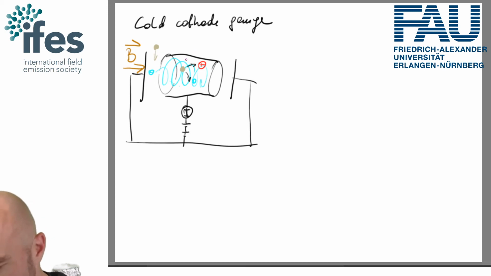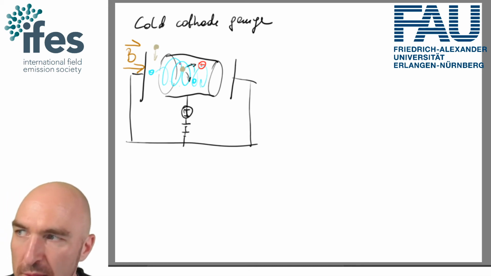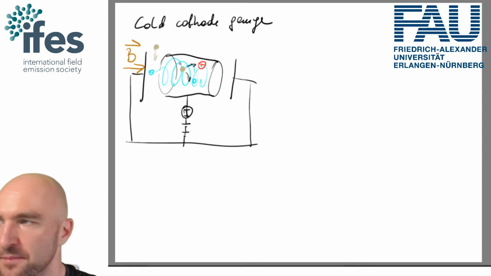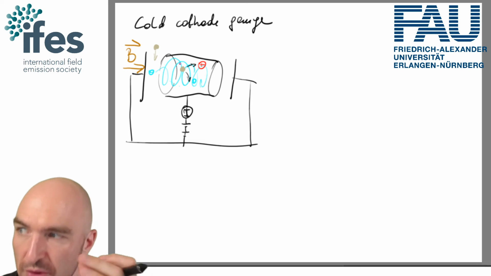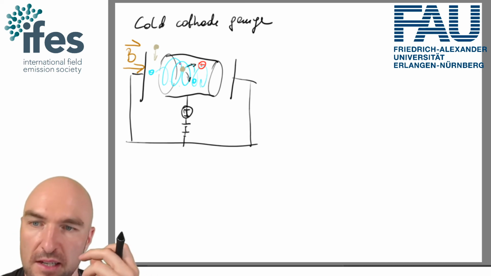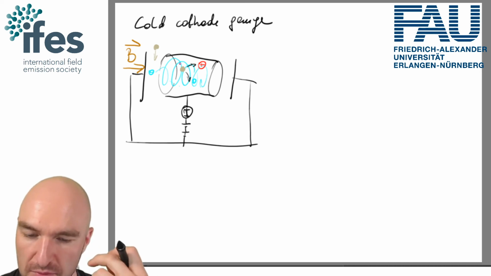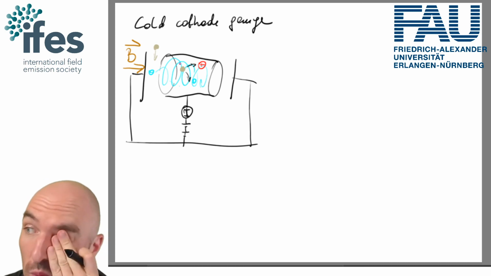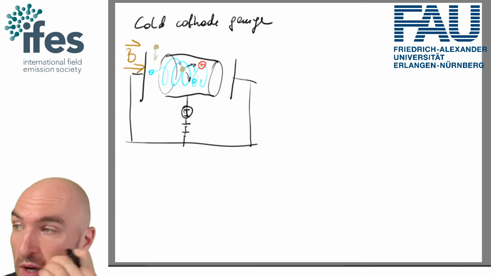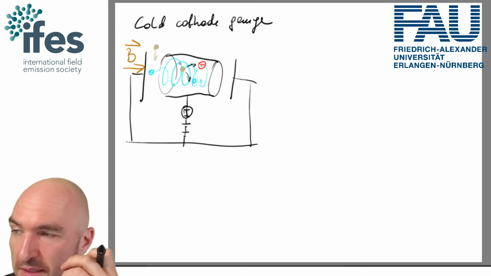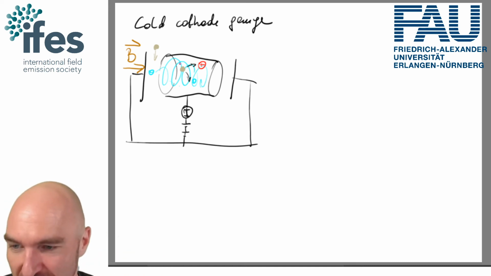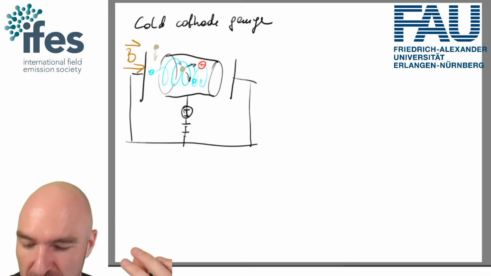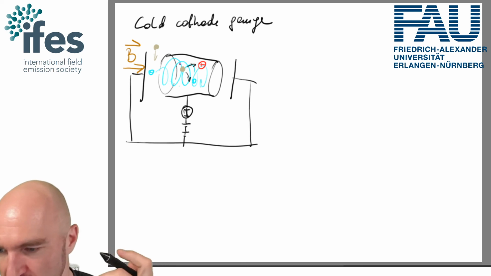Obviously, you can see that this is sort of an equilibrium between the process to generate electrons from collisions, and those electrons need to collide with other atoms.